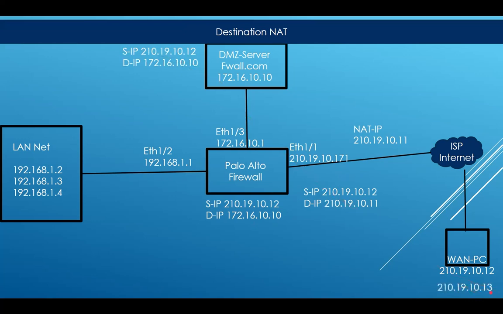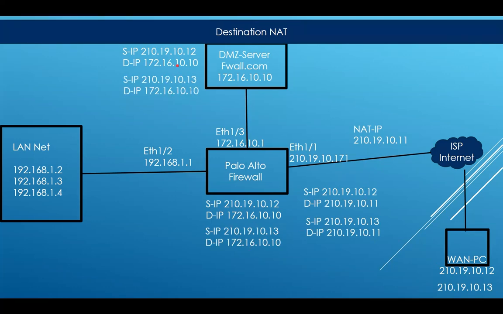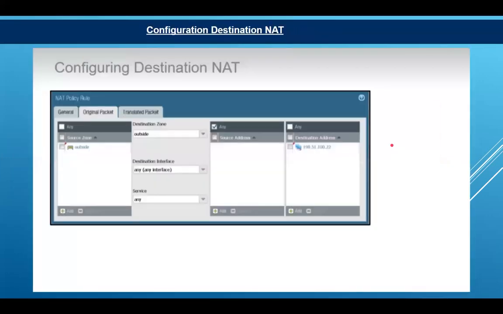Now, if we have 10.13, this one is also sending a request to this 10.11. The firewall receives the request and translates the destination IP address. So our 10.10 is getting translated with this 10.11 every time, right?